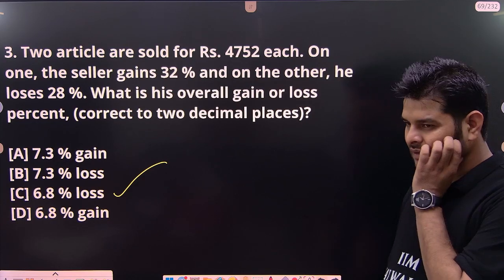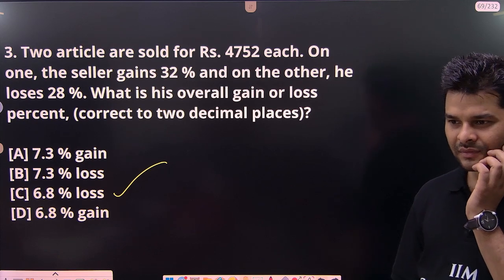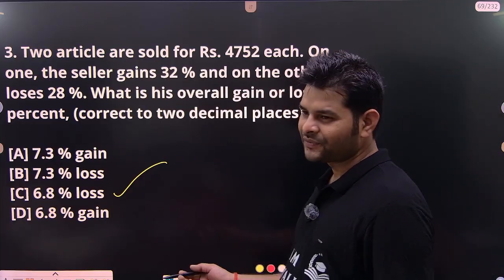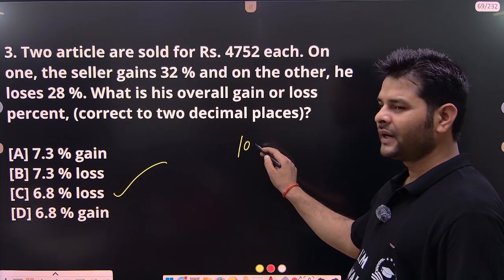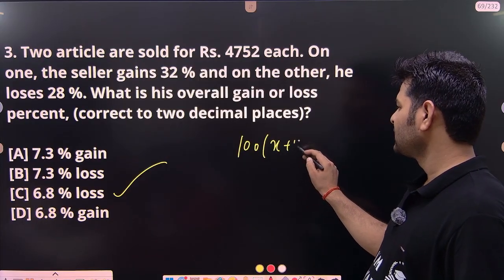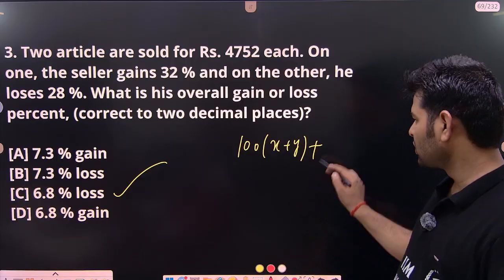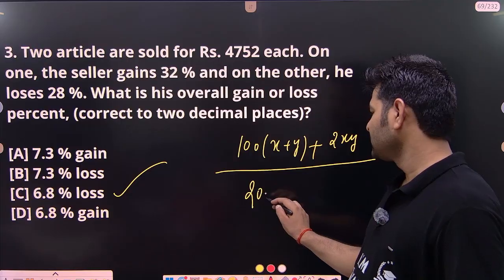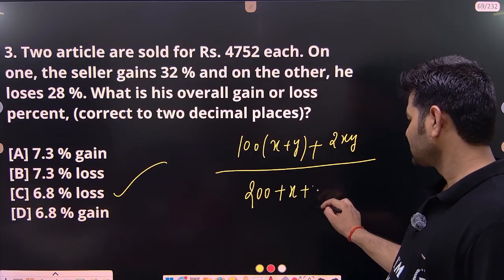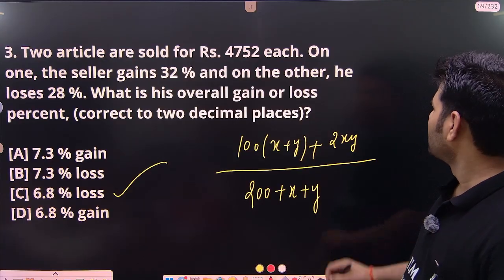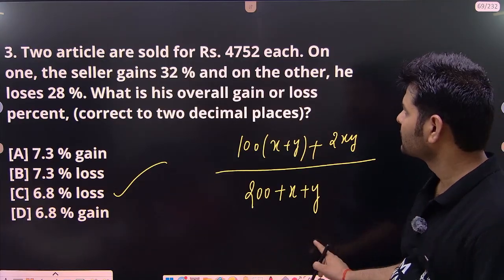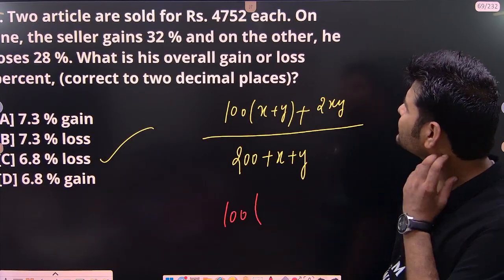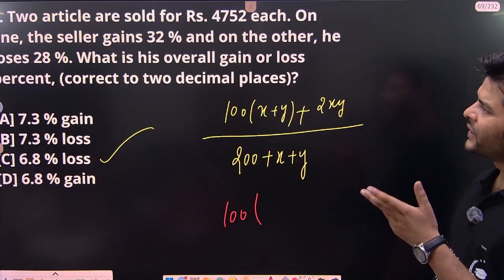Guys, are you still not getting it? The same formula you need to apply. What is the formula? 100(x plus y) plus 2xy upon 200 plus x plus y. One is 30% profit, 28% loss.